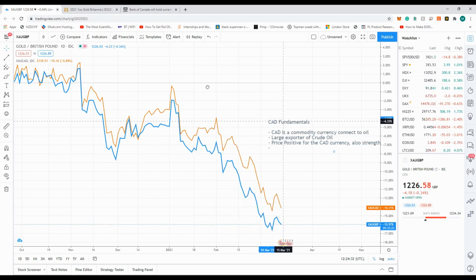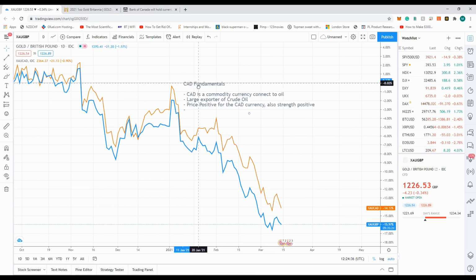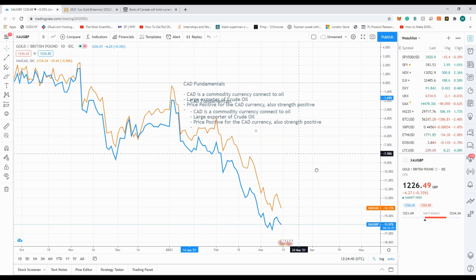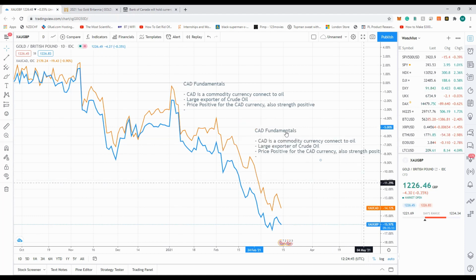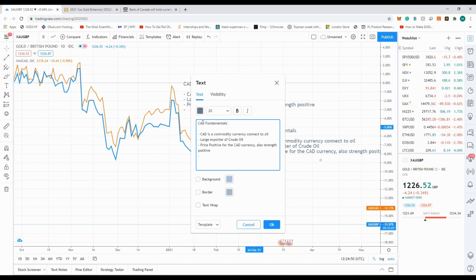So here are the CAD fundamentals, and these are GBP fundamentals. The pound, of course, is also a commodity currency, not to the same level or degree.